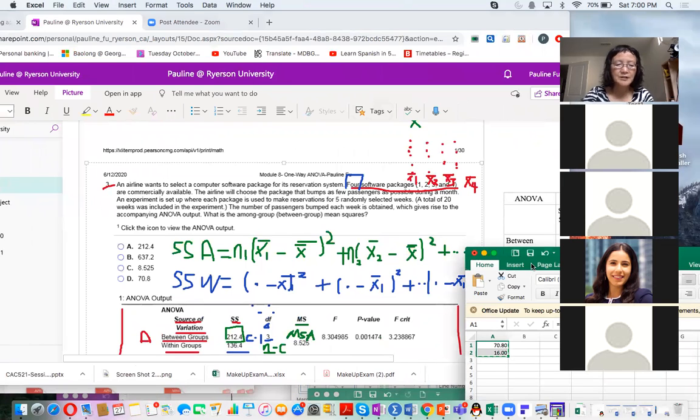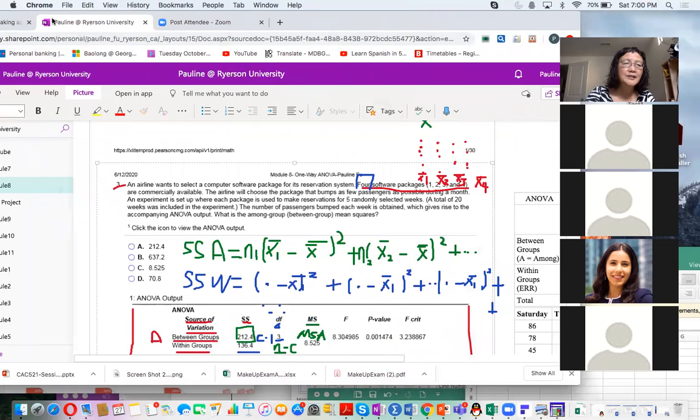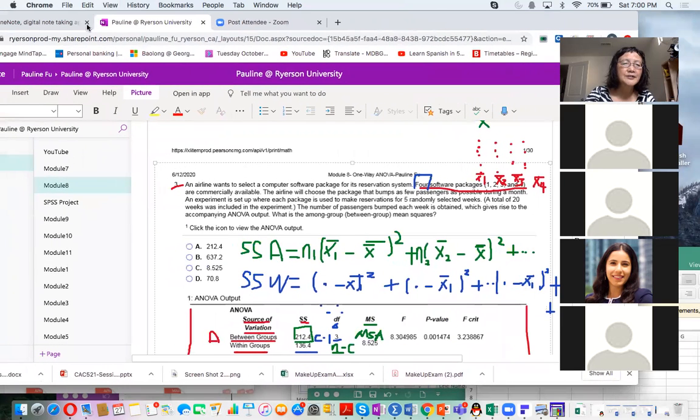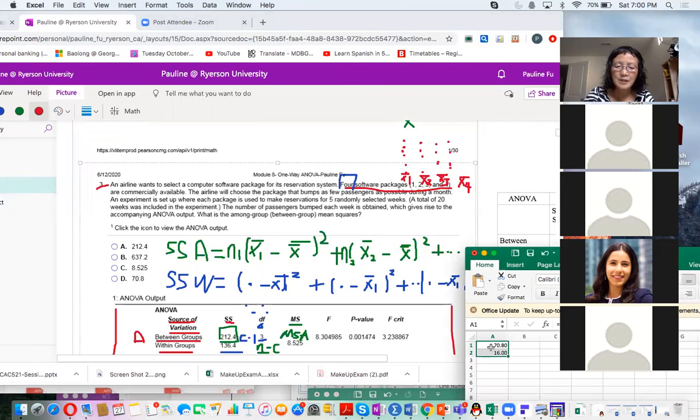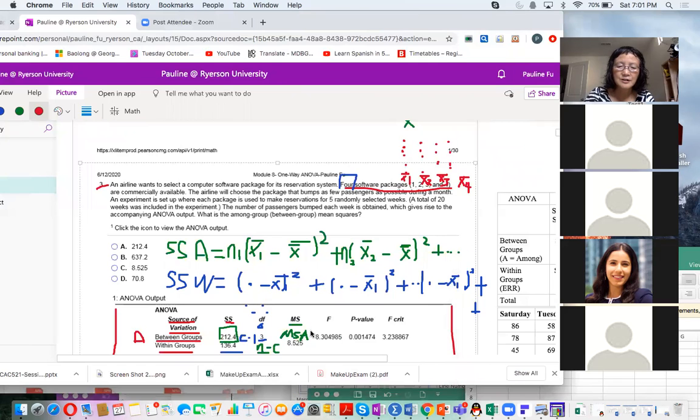So I will write, one is 70.8, is this MSA, okay. So then I go draw, use my pencil. And then I need those two numbers. MSA equal to 70.8.